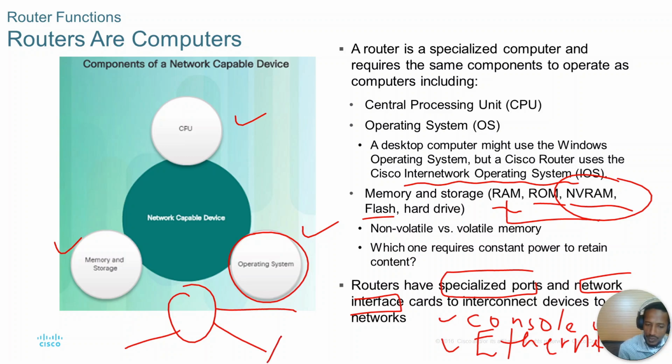The switch will be connected here, the PC here, and another router here. The endpoints that the routers connect to are called what? Some of them are called ports, like the one the PC connects to. Some are called interfaces, which are the ones you connect to the switch and to the router.